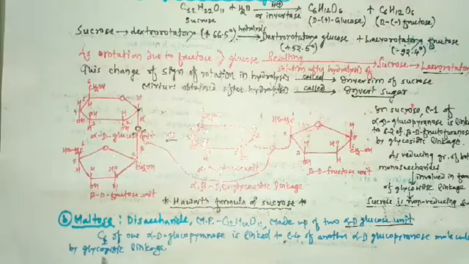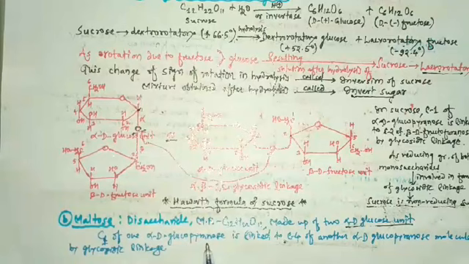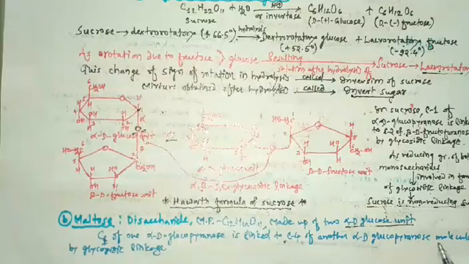So in maltose, C1 of one alpha D glucopyranose is linked to C4 of another alpha D glucopyranose molecule. That means the linkage takes place between C1 of one unit and C4 of the other unit.